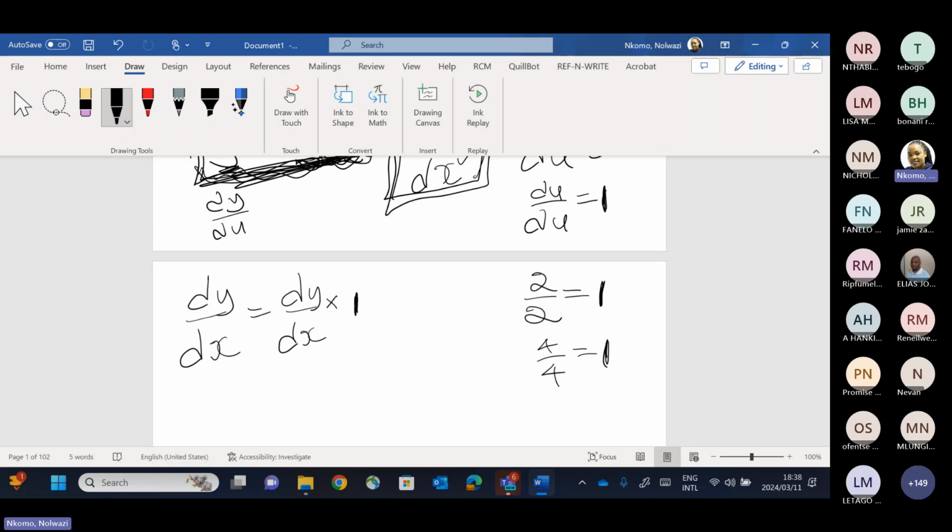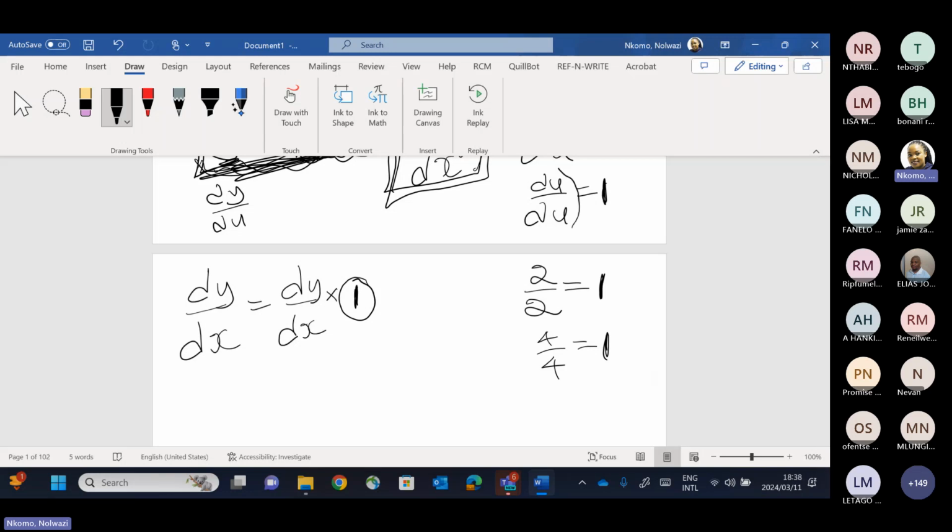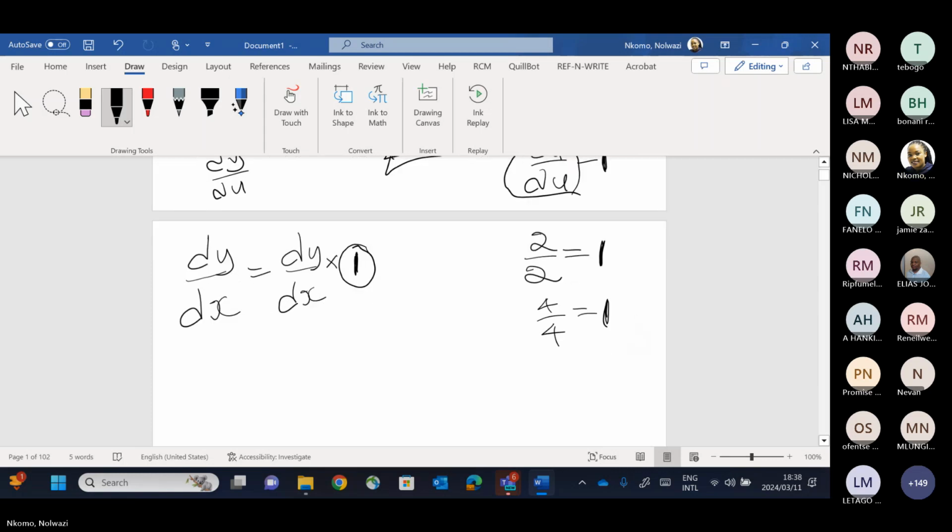So instead of writing this 1, let's substitute it with du over du, because we know that du over du is equal to 1. So we have dy over dx times du over du, right?